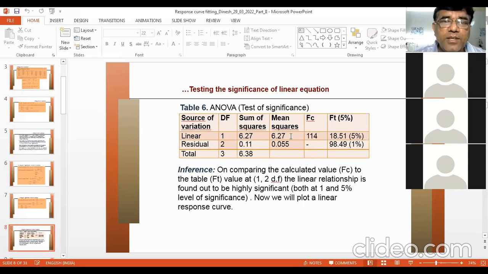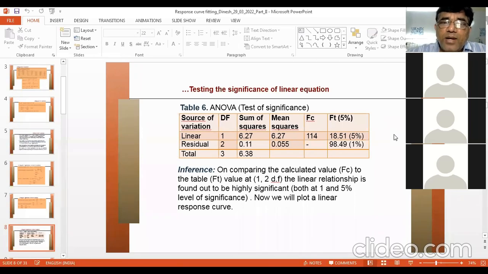Mean square regression divided by mean square residual gives you F calculated. The table value at 5% is 18.51, and 98.43 at 1% level of significance. So you can see it is more than both.